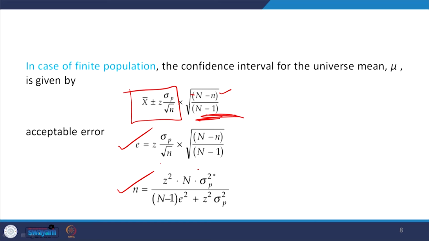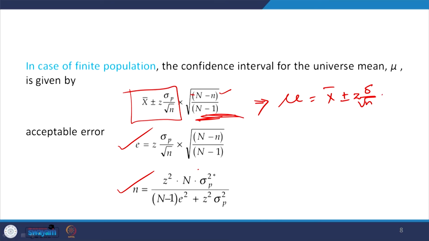How to get it? You first convert that equation. How to convert that equation? We are interested in calculating this. This is basically mu is equal to x bar plus minus z sigma over square root of n.